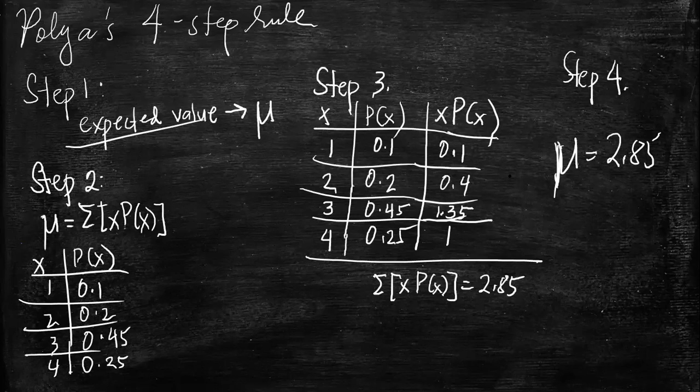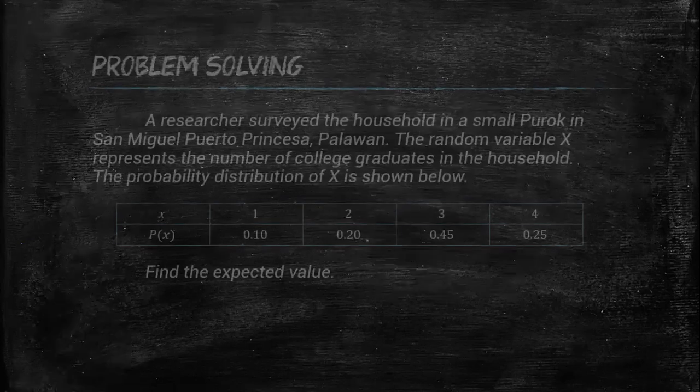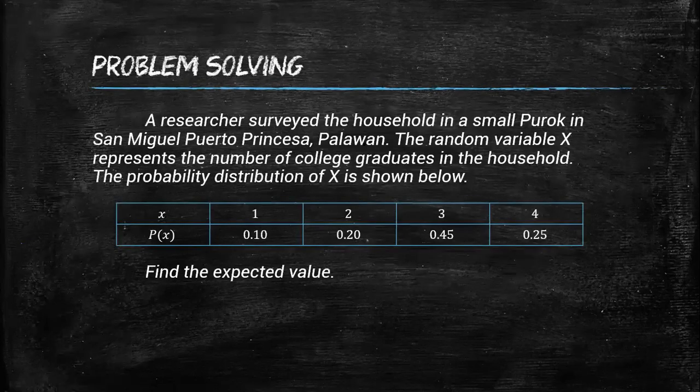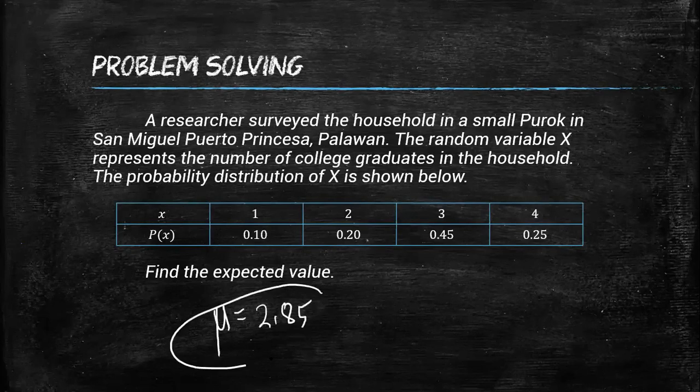Ngayon, anong ibig sabihin ng 2.85 dito? Yung mu natin na 2.85, class, ito yung mean na kapag in-interview natin yung mga household sa Purok sa San Miguel, ang mean ng kanilang mga napag-graduate na ng college ay 2.85.